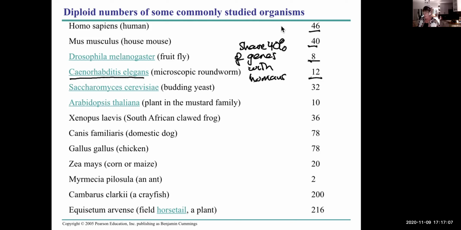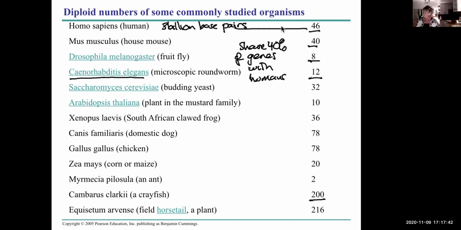And there's lots of other animals that are studied as well. I think it's odd that a crayfish has 200 chromosomes. But the thing about the chromosomes that humans have, and very likely the crayfish as well, is that a lot of them don't code for anything. So for humans, on our chromosomes we have 3 billion base pairs, or 6 billion bases, 6 billion nucleotides.